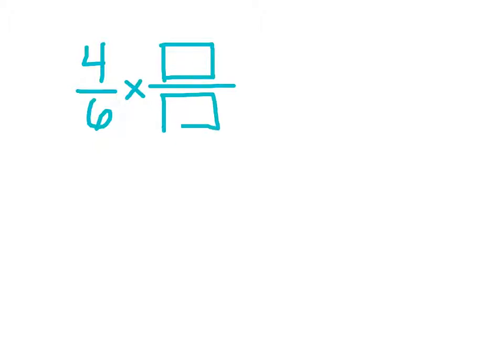So let's start with 4/6, and we're going to multiply that by something, and that's going to give us, what do you think? Let's try 12/18. Okay, so that's one that you can try. Let's do another one.